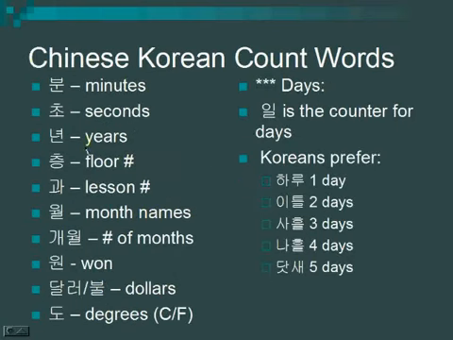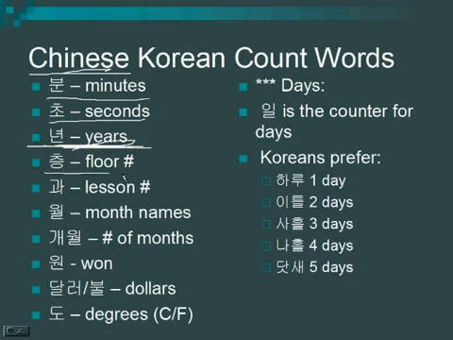So the ones that use Chinese Korean count numbers, which is 1, 2, 3, sorry, are 분, minutes, so 50 minutes is 50분, 초, seconds, 년, the most popular one for years, 층 for floor number, 과, lesson number, 월, month names.